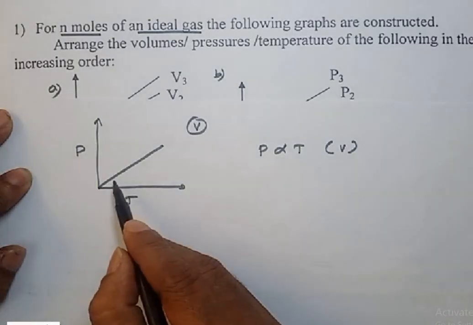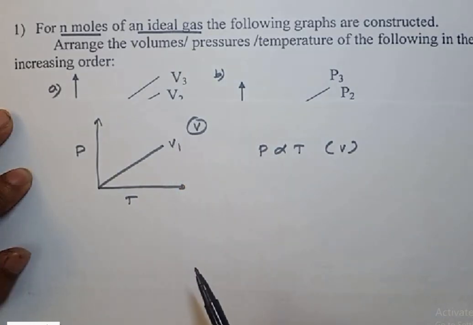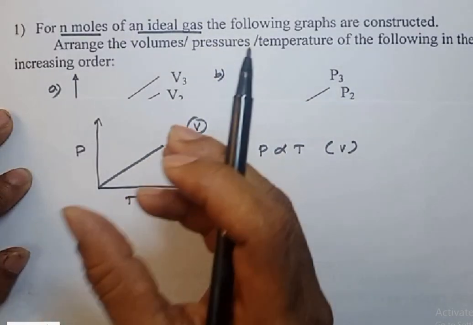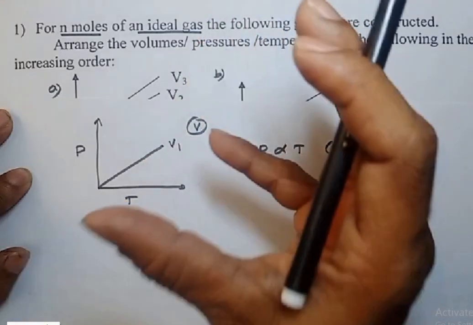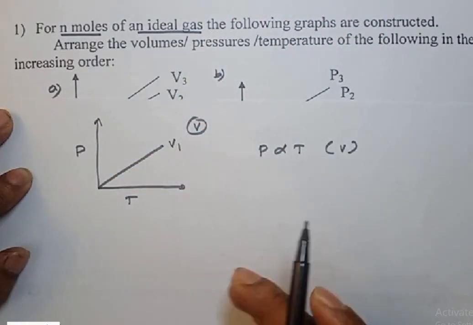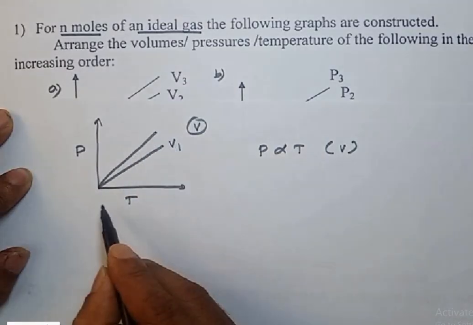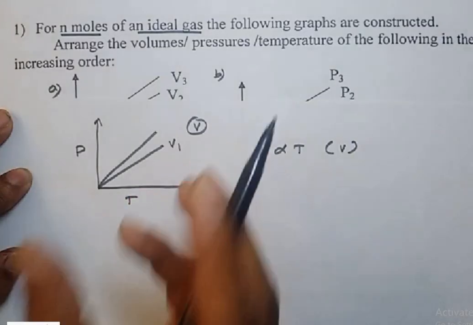Now, let the volume be V1. If we take the same amount of gas in a different volume, say V2, then we get another straight line as we change the temperature of the gas.